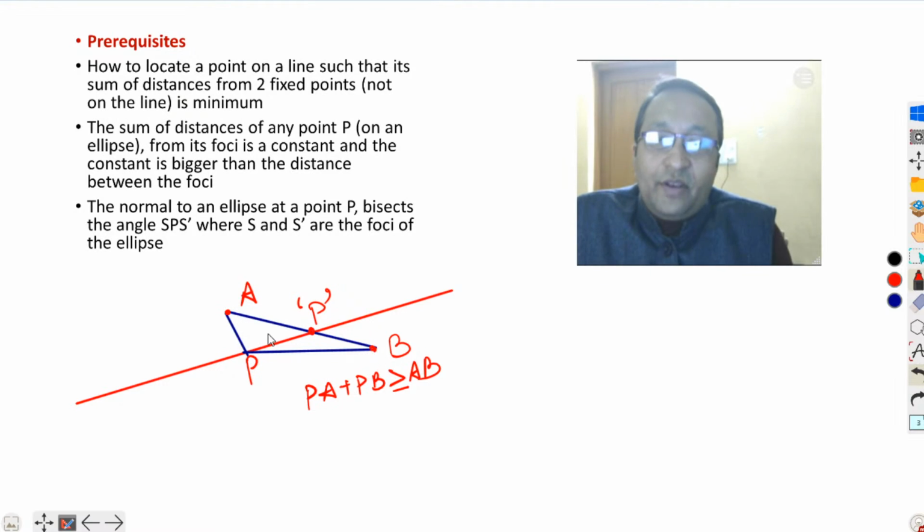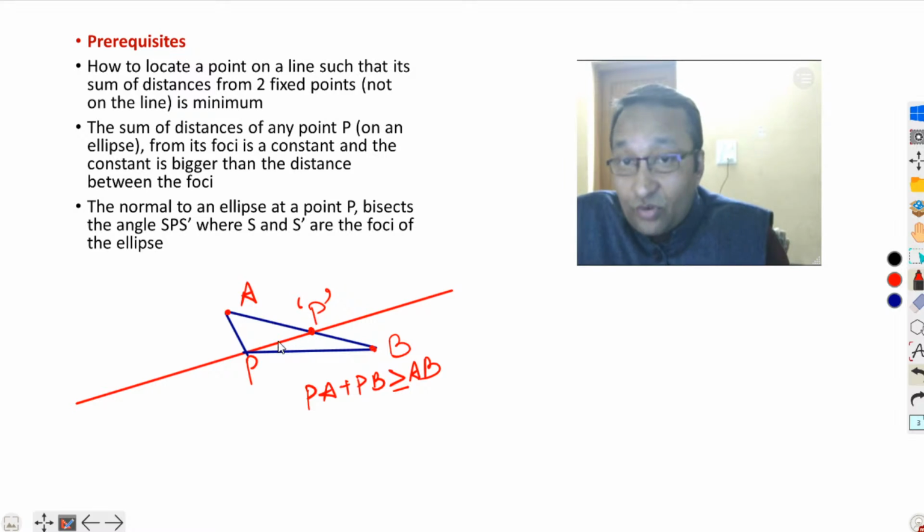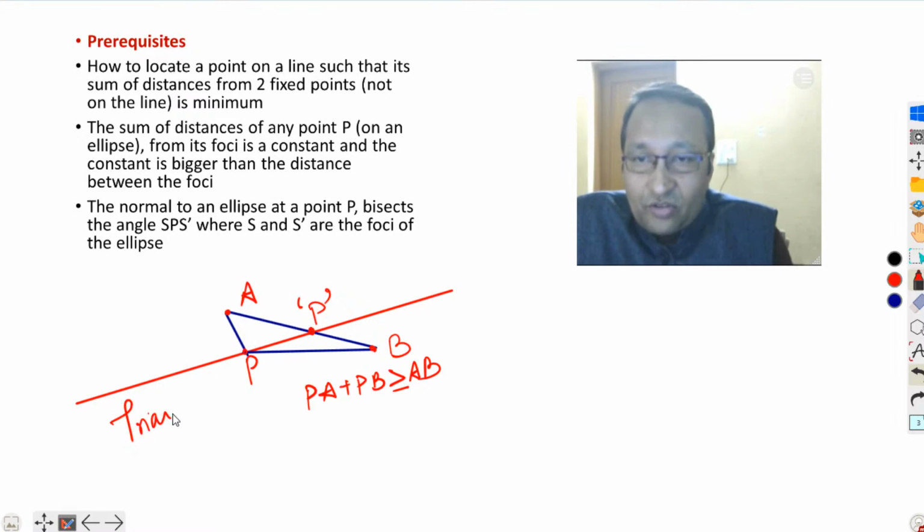So this way we locate a point P, no x, no y, pure geometry. The concept behind this is called the triangle inequality.